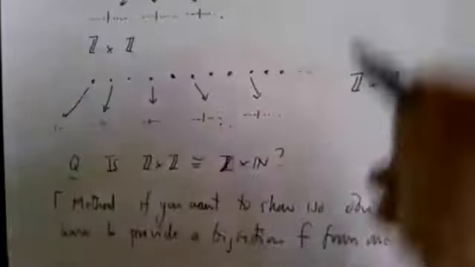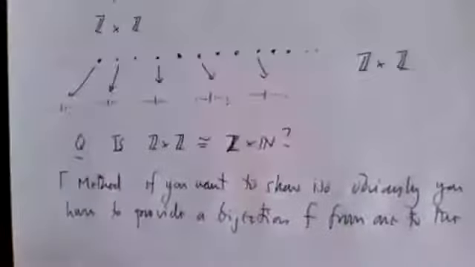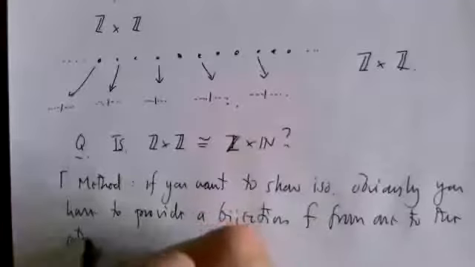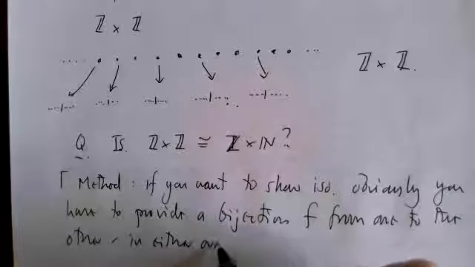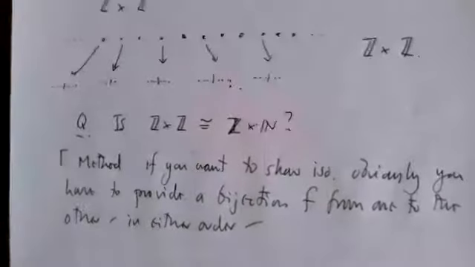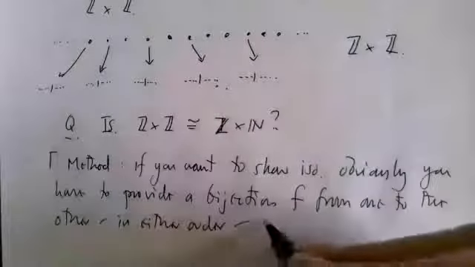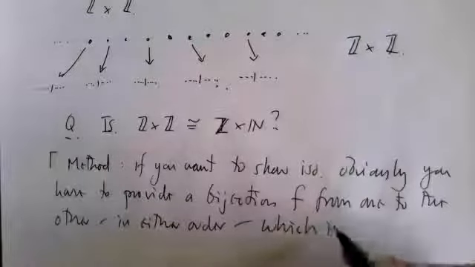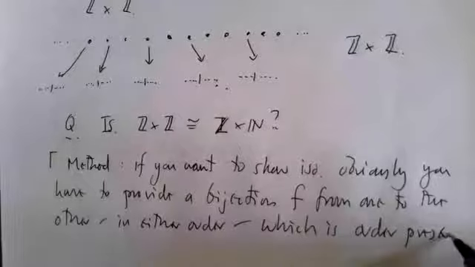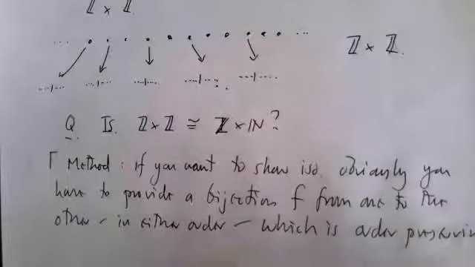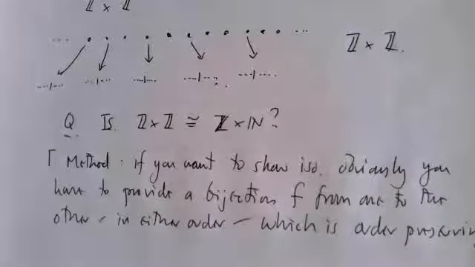In either order, it doesn't matter which way the bijection goes, from one to the other, which is order preserving. I mean, you might like to start thinking about whether that's possible with this picture.